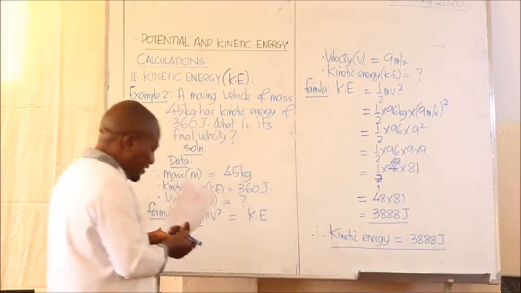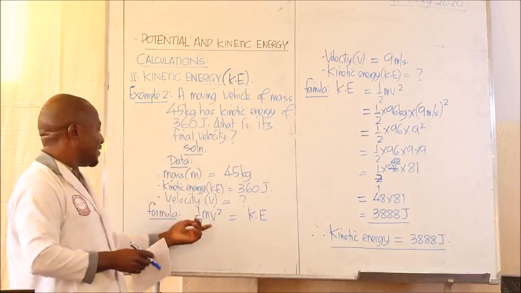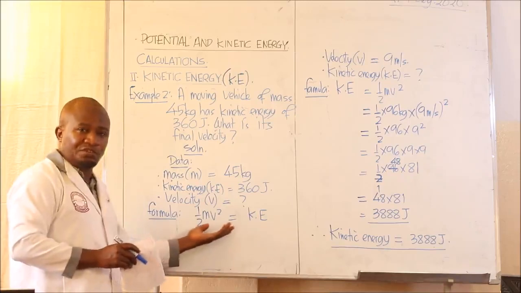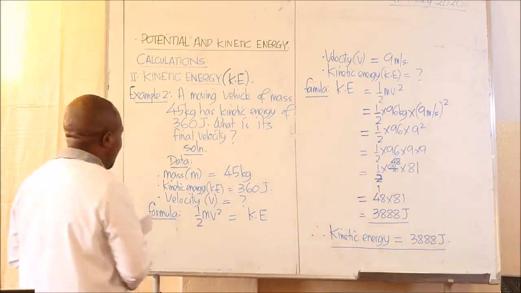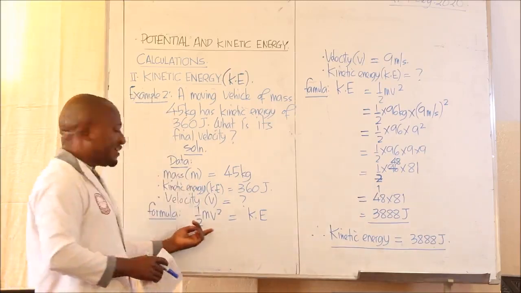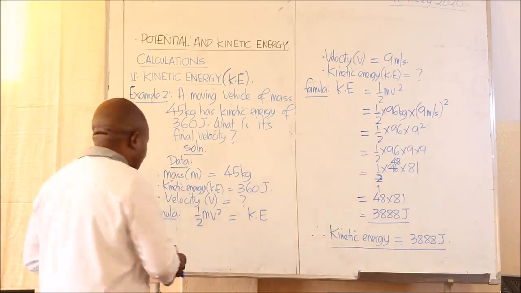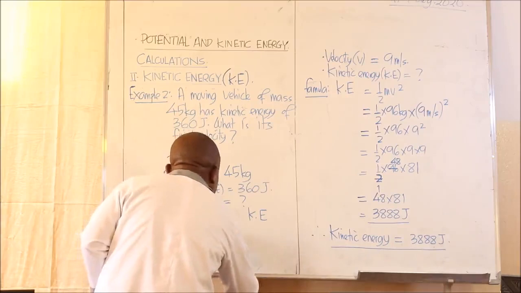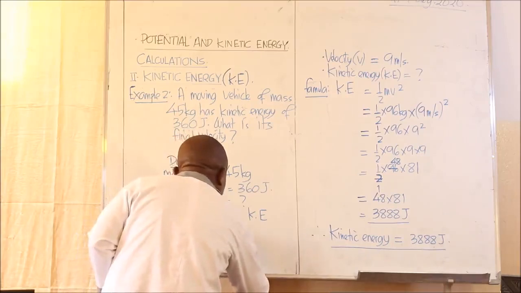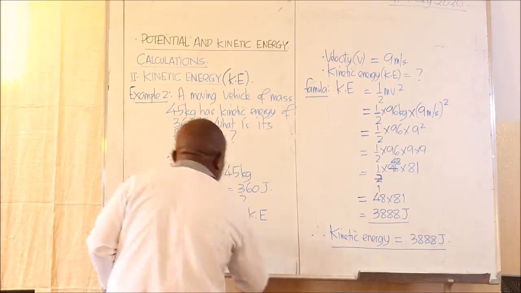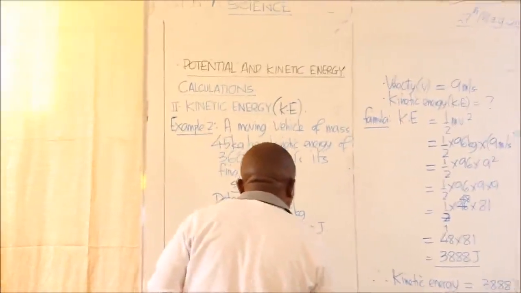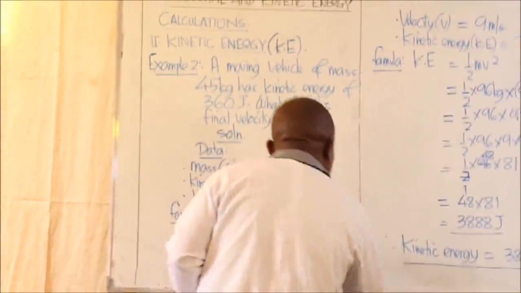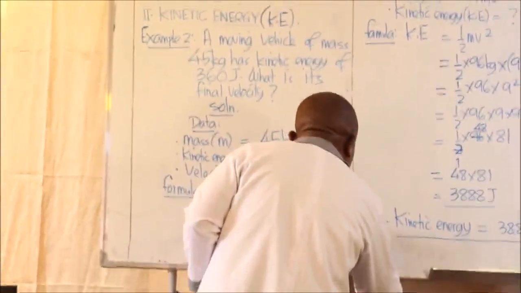This is just the same formula, only rearranged. So we have half times the mass, 45 kilograms, times the velocity not given, so leave it there, v squared equals to kinetic energy, which is 360 joules.